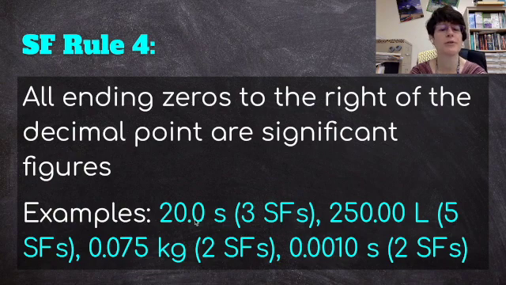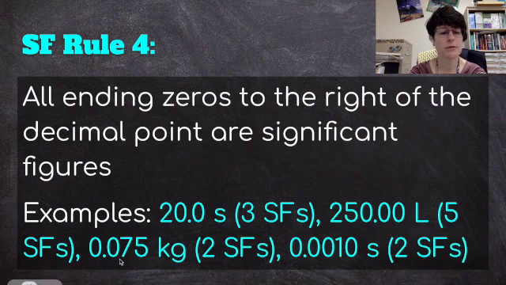So we have 1, 2, 3 significant figures. And 250.00 liters, there are five significant figures because these are after the decimal, and this is in between two significant figures. So all of those are significant for 5.